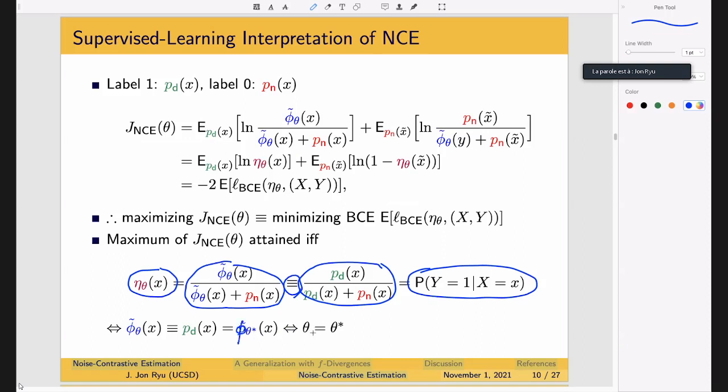And this happens if and only if zeta is actually zeta star. So this proves the previous theorem, where the maximizer of the NCE objective recovers the desired parameter theta star. Okay.